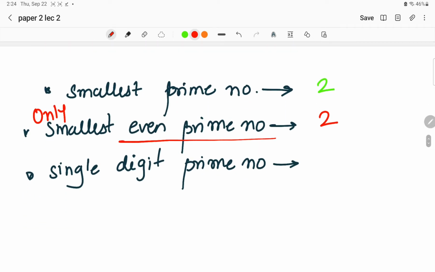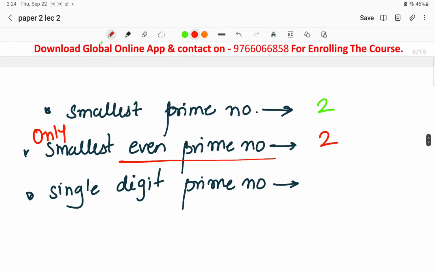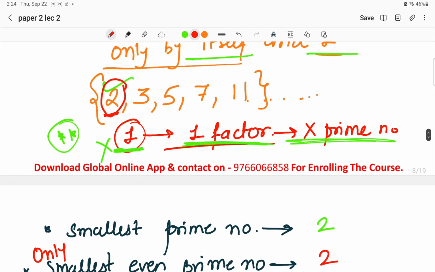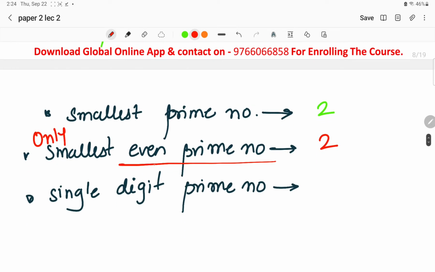Now what are even and odd numbers, we will understand that, but here we must understand that an even number is a number which is divisible by 2, and a number which is not divisible by 2 is an odd number. So 2 is the only even prime number, so the answer will be 2.